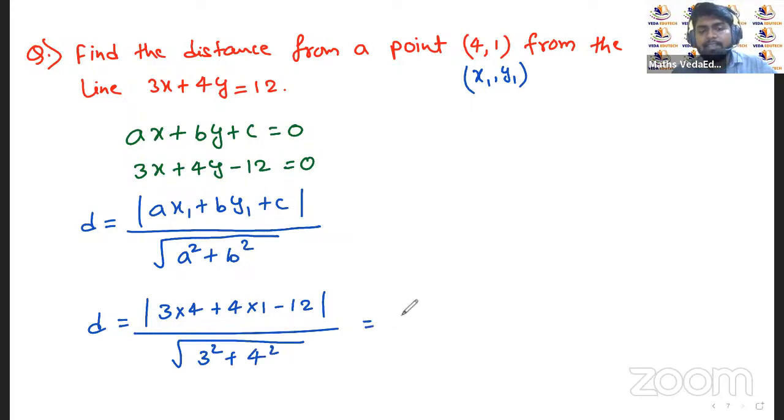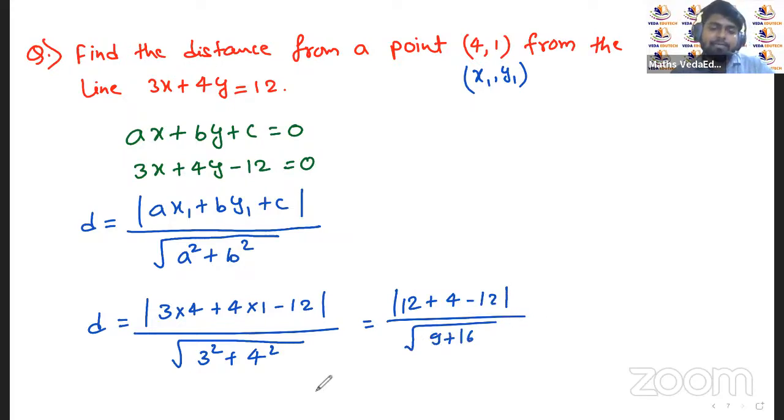So finally 12 plus 4 minus 12 whole divided by square root of 9 plus 16, that is 25, we'll get 5. So D is nothing but 4 upon 5. The final answer is 4 by 5. The distance from the given point to the given line is 4 by 5.